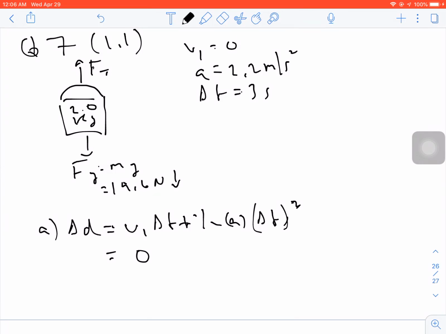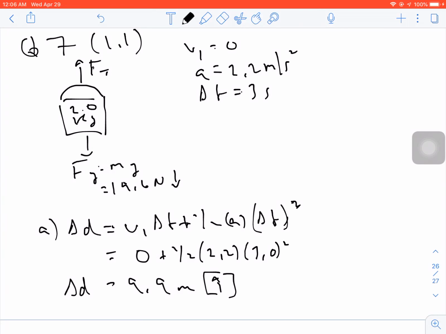V1 delta T is 0 because we're starting from rest, plus 1/2 the acceleration, which is 2.2, times my time of 3 seconds squared. Half of 2.2 is 1.1, times 9 makes 9.9 meters. And it's going up because it says the bucket is being pulled straight up.